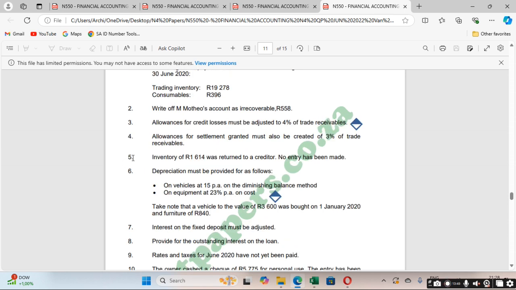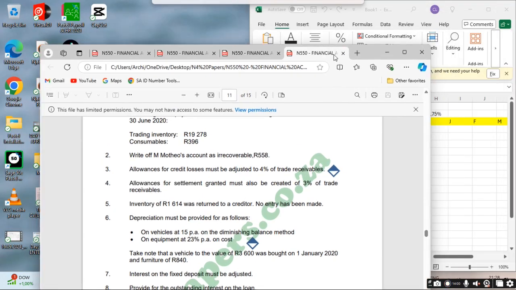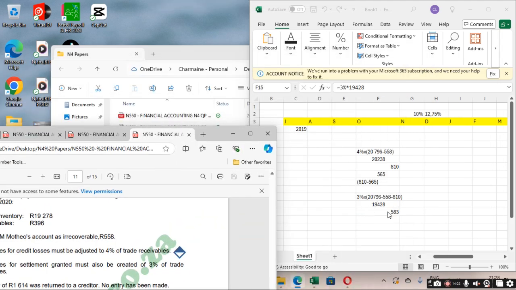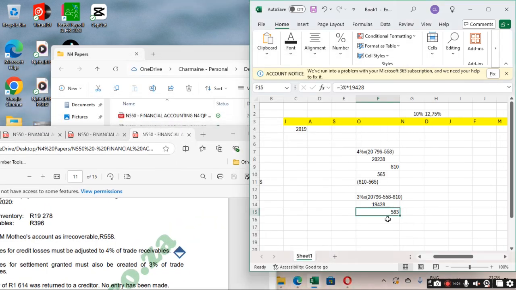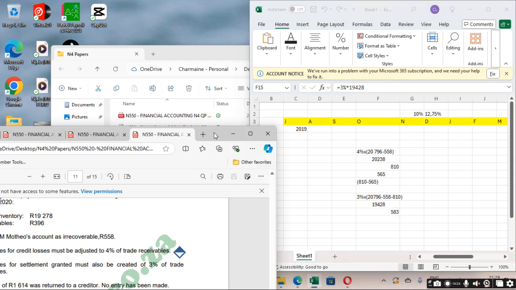They're saying inventory of 1614 was returned to our creditors. Okay, so I forgot to mention this. This amount of 583, we're going to have what we call allowances for settlement discount.